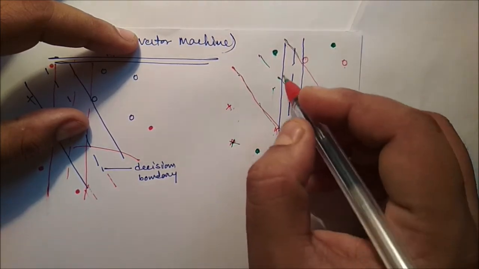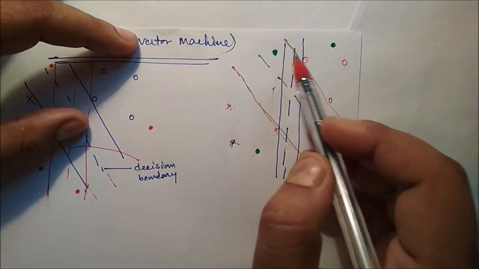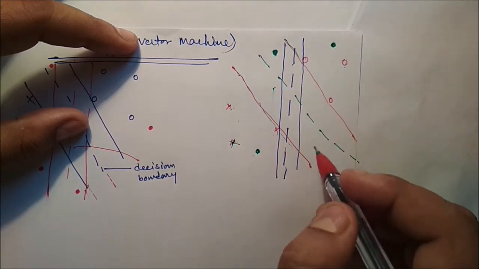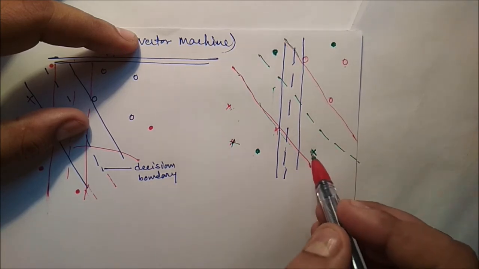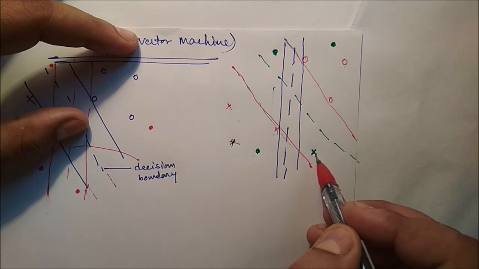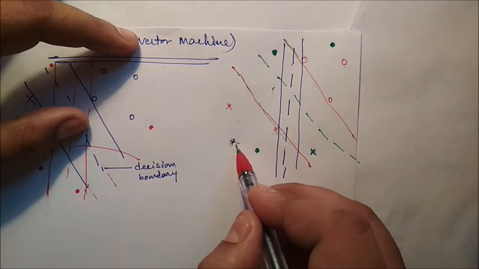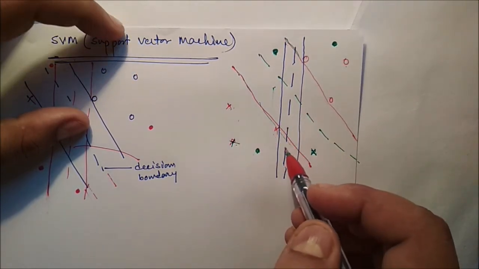Similarly, if a data point is here, on the right side of the decision boundary, we assume its class label is circle. If a data point is here, on the left side of the decision boundary, its class label must be cross. So in this way SVM can be used for classification.